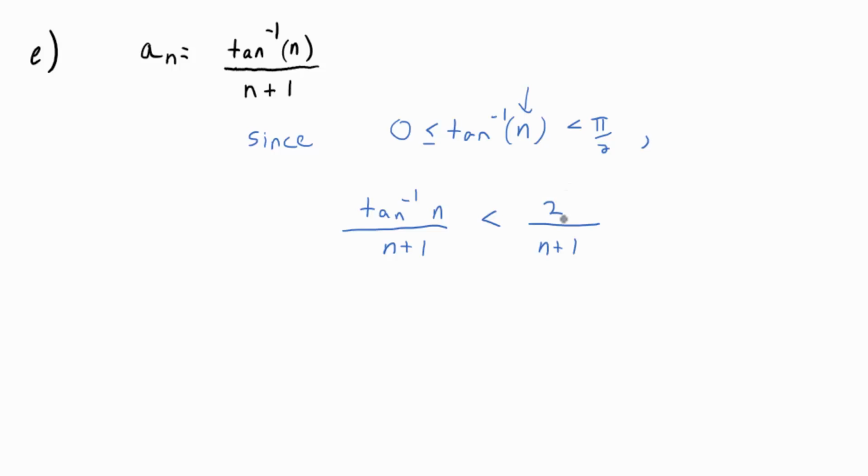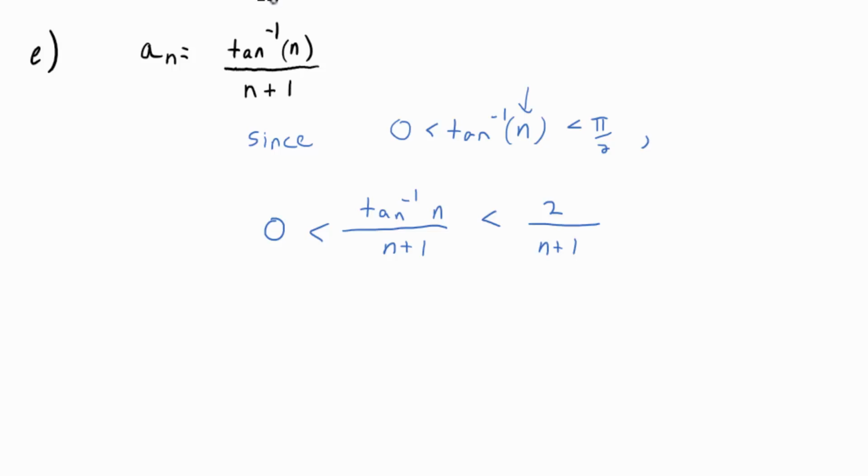So couldn't I just use 2 instead? I'd still be safe, right? It's still true. So tangent inverse of n, and again, I switched from or equal to strict inequality, but it will be true, since n's a whole number, it'll always be bigger than 0, since it's actually a counting number. So does everybody agree with that inequality?